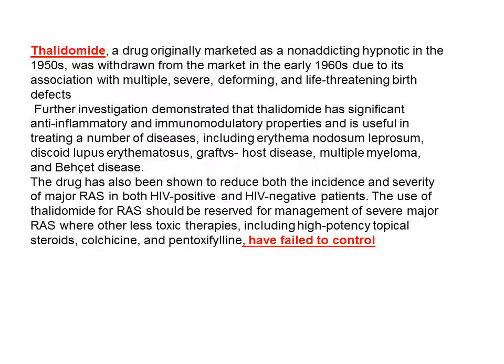One of the medications that can be used in treating major aphthous ulcer and also other types of ulcer is thalidomide. Thalidomide is used when there is a failure to control the major aphthous ulcer by other medication.